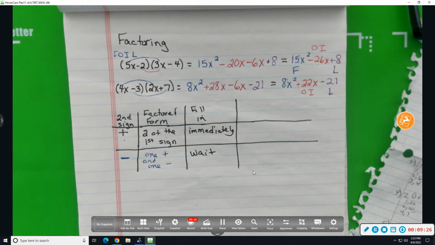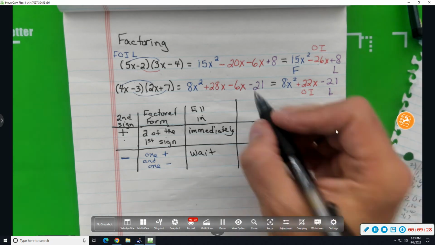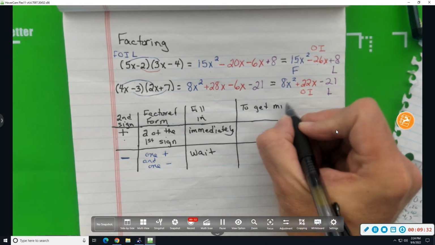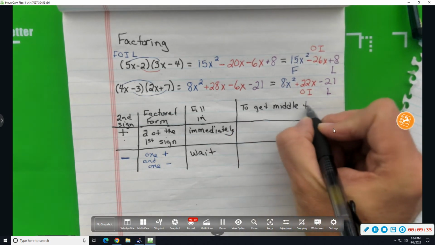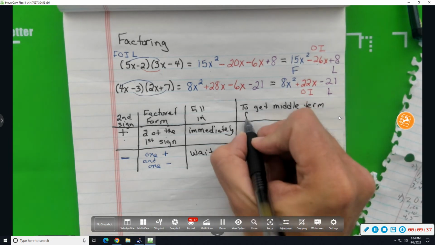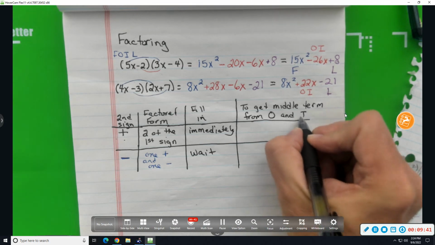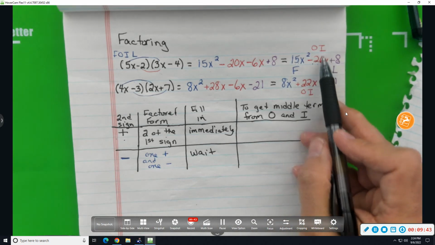And again, some of this is just my preference. One more column on the table to get the middle term from the outer and the inner. The outer and inner are what give you that middle term.